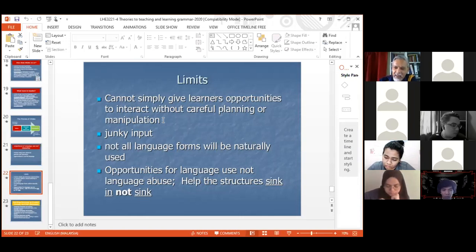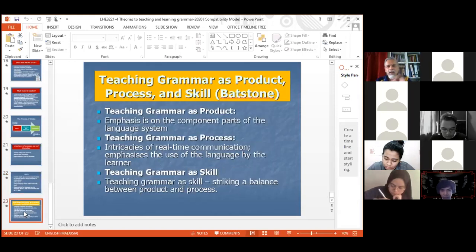Give them a certain kind of task, they can work in groups, and they can come up and talk using conditionals. So you must know what you're trying to teach.